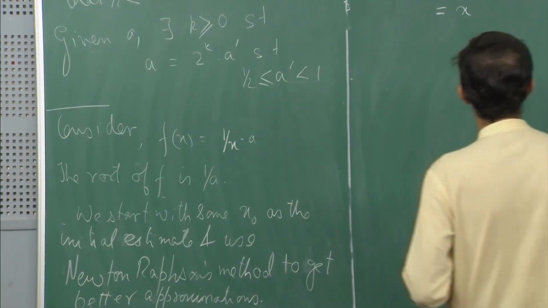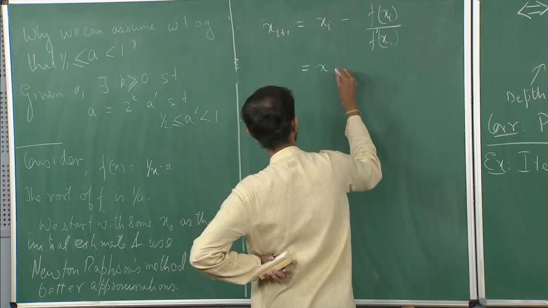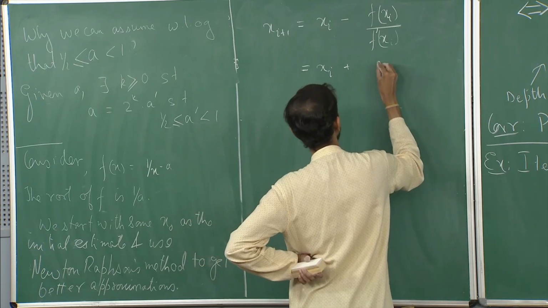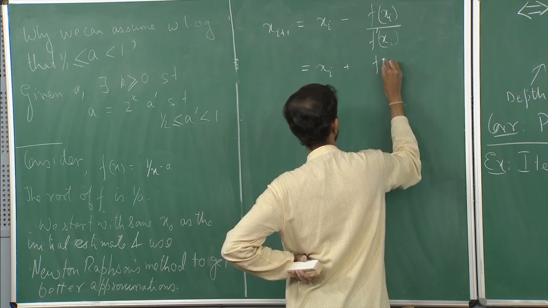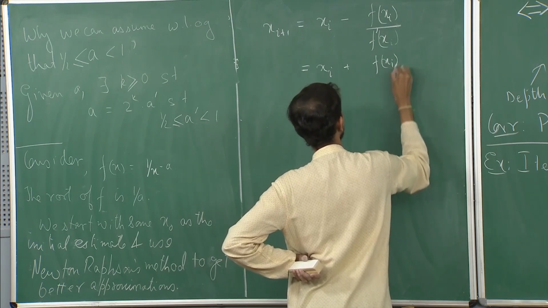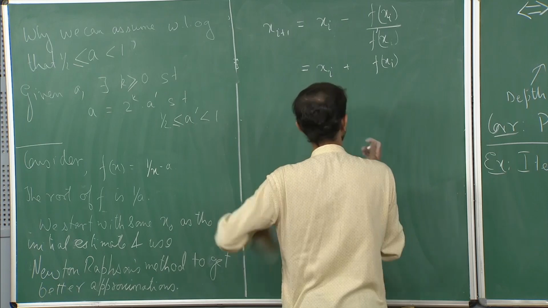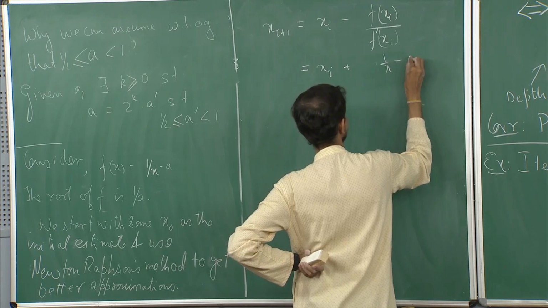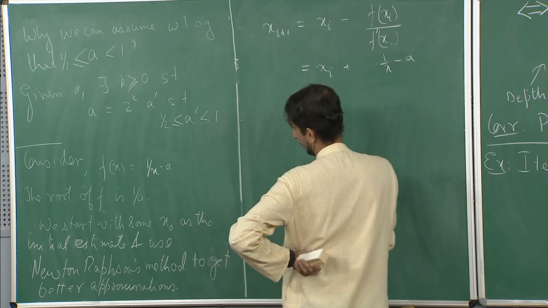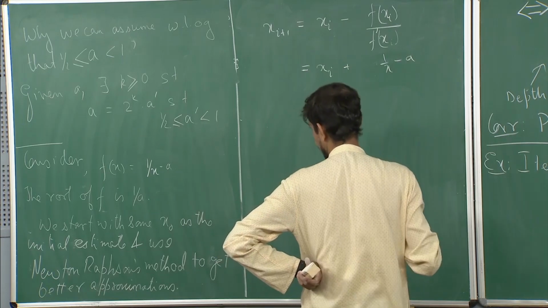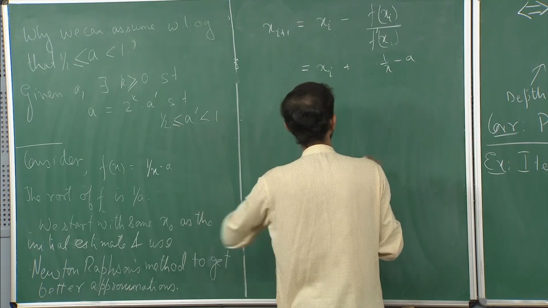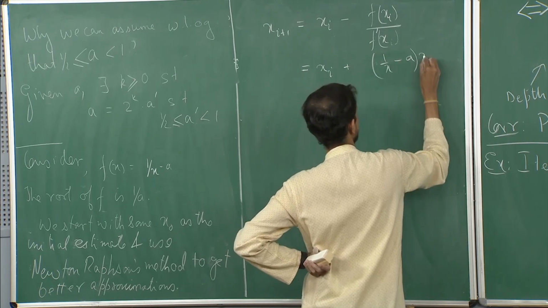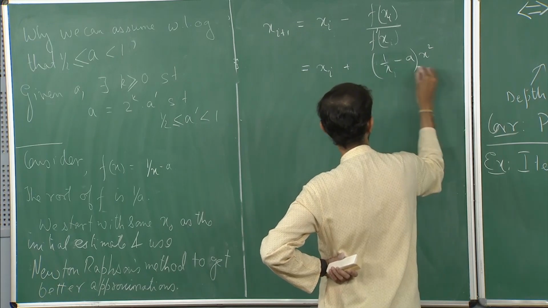Then f of xi is 1 over x minus a, divided by the derivative, which is minus 1 over x square. So this becomes a plus, and I get x square over here.